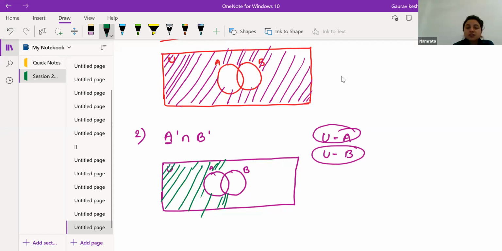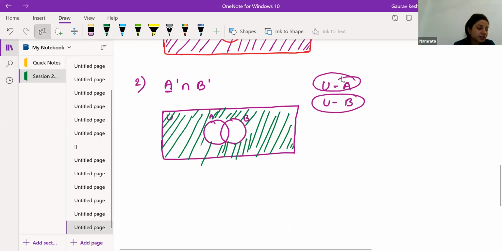And universal set minus B means not B. So we will be shading in the same way. An intersection of both means whatever we have shaded twice, that is the intersection of both, right? Yes. So we got A complement intersection B complement. Is it clear? Yes.